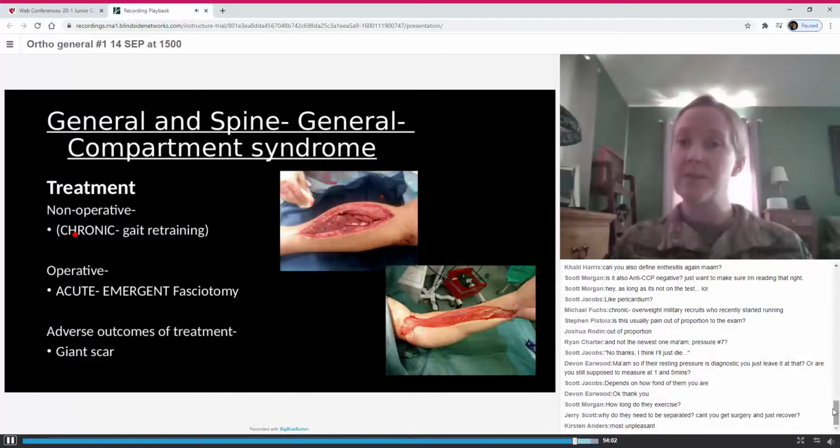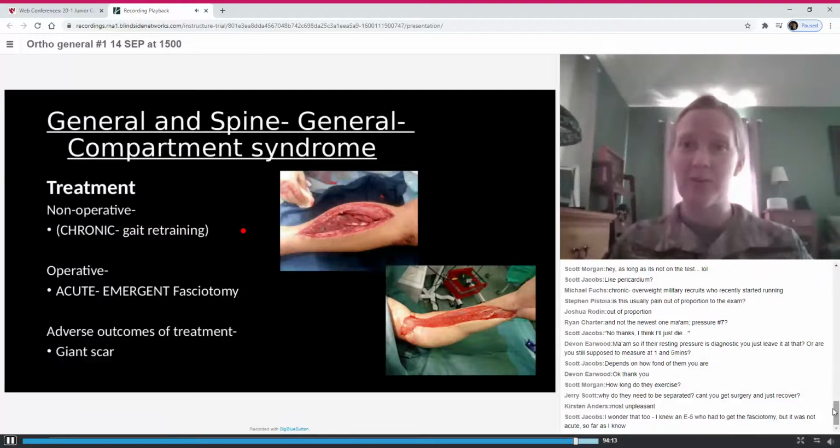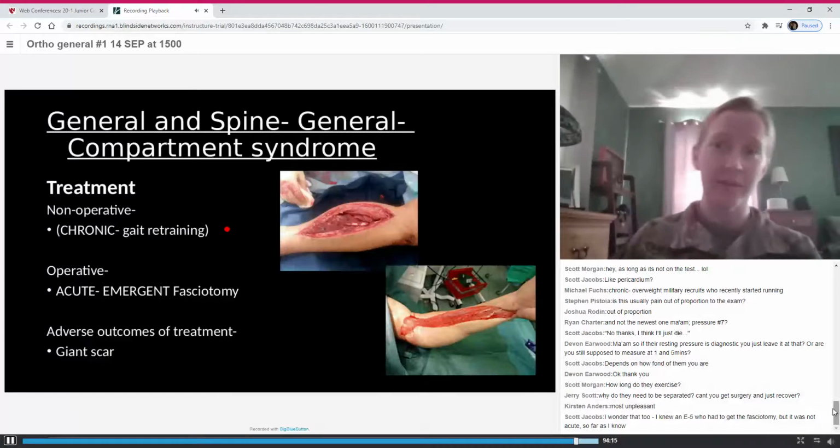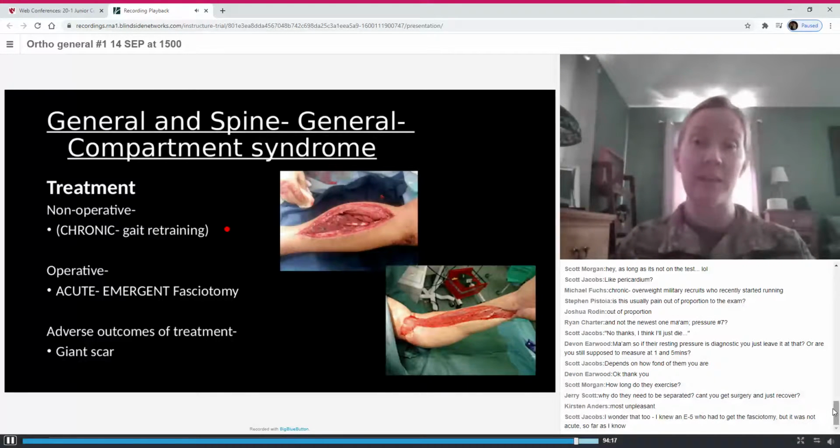If it's chronic and they get some kind of wound complication, then that's a huge problem. And that's what I've seen. So my N of 3, 2 of them had horrible wound complications that were more troublesome than their original complaint.